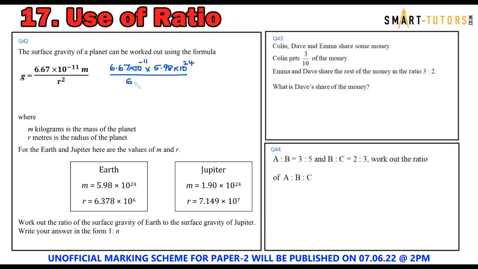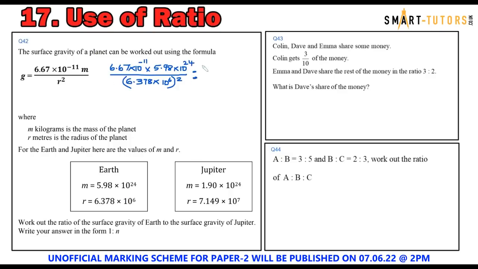So Earth is 6.378 times 10 to the power 6 whole thing squared. So you get the answer for this one. The question is about ratio. This is the Earth's gravity.